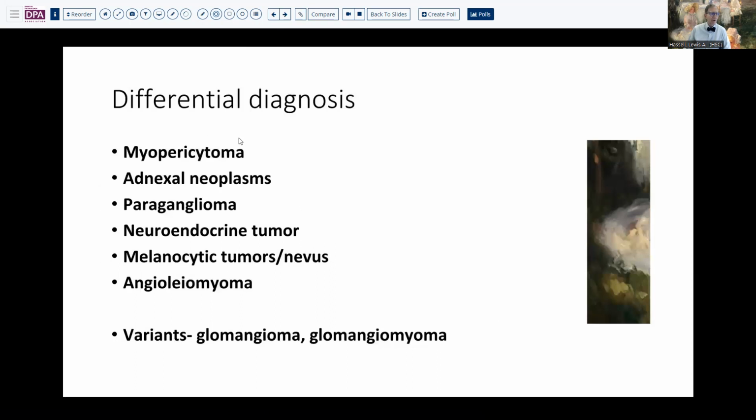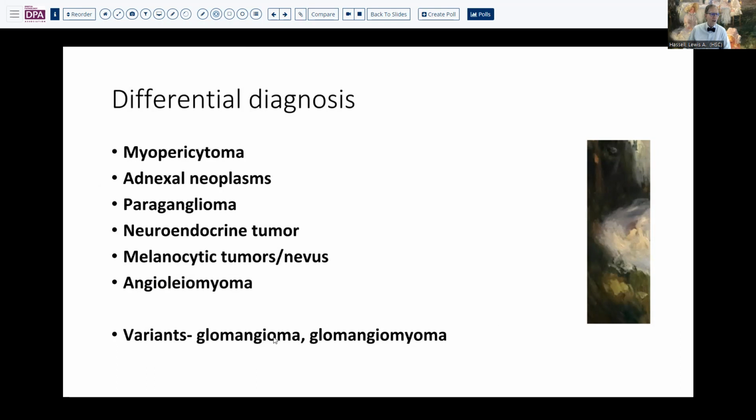Now, in terms of differential diagnostic considerations, there are a number of other lesions that enter into the framework here. Not all of these would be painful, but some might be painful, like angioleiomyoma, the neuroendocrine tumors, and so forth.